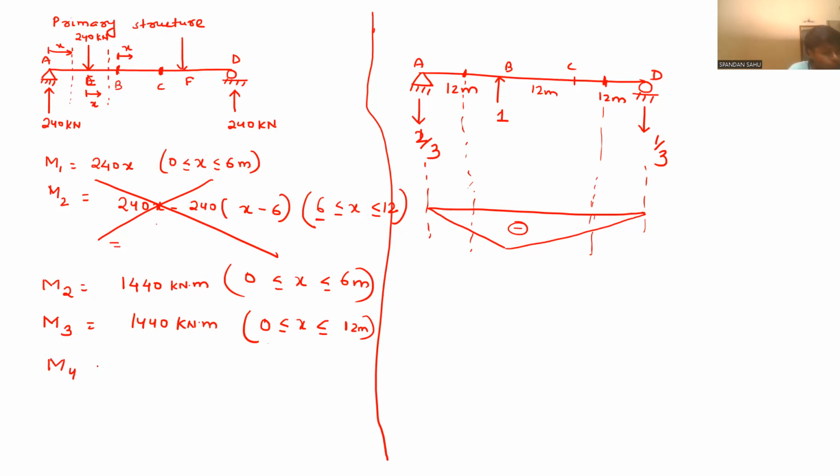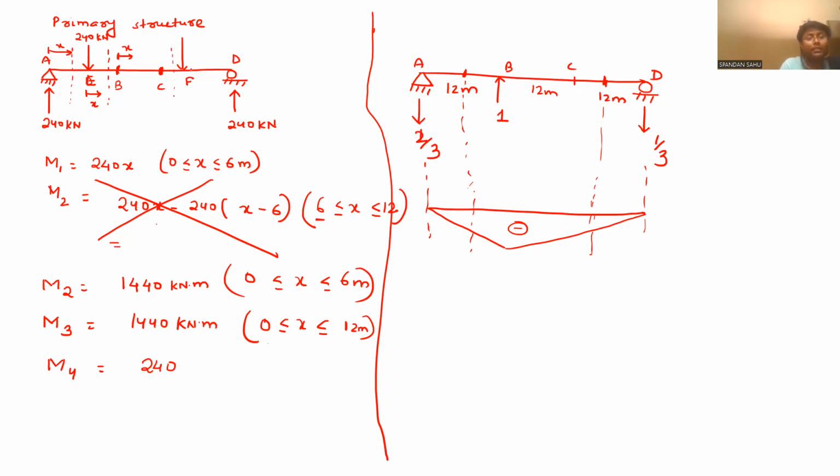Now consider M4. Tell me, from which side should you consider M4? Left or right? Which side will be easier? You can consider from both sides anyhow. Let us consider between this C and F that you have to write.